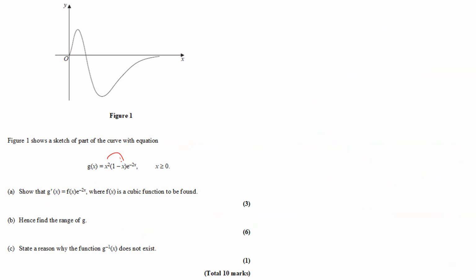So again, we have got a product. So what I would do is maybe write it as y is equal to, because it's 3 things multiplied together, it's easy to just put that x squared in. So x squared minus x cubed, and use that as our thing, e to the minus 2x.